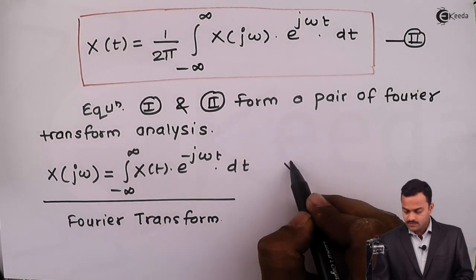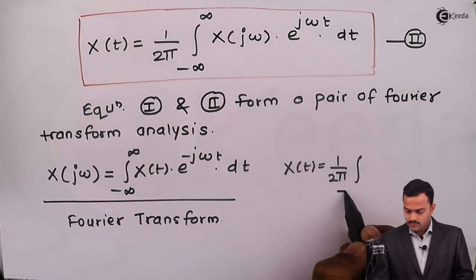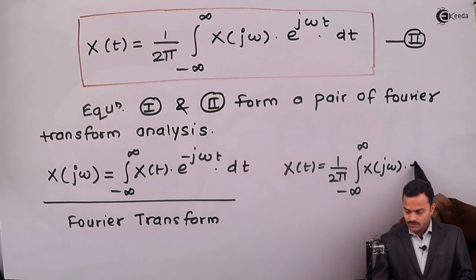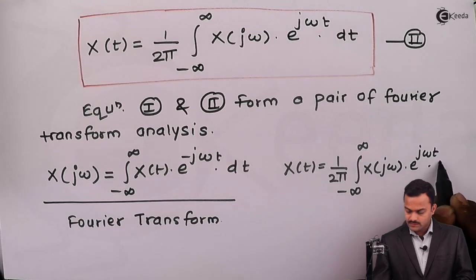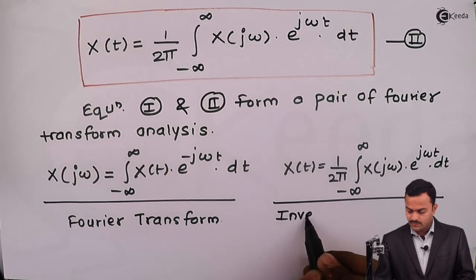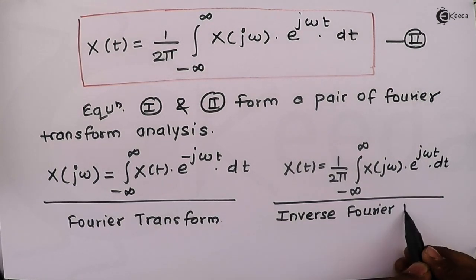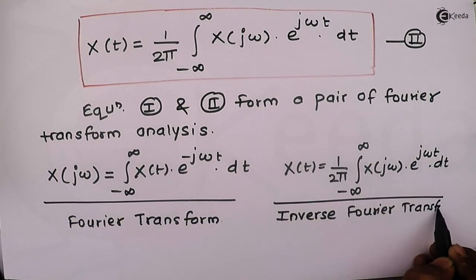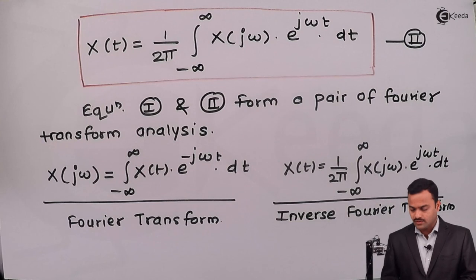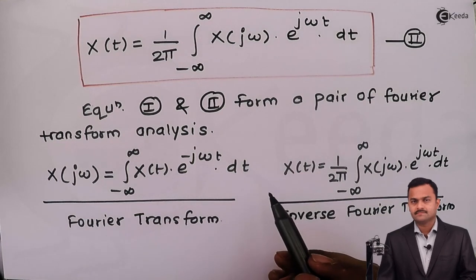And the second representation, x of t equal to 1 upon 2 pi integral from minus infinity to infinity of X of j omega into e raised to j omega t d omega, is considered the inverse Fourier transform. So what we have done is derive the expressions of the Fourier transform and inverse Fourier transform of any signal x of t. Thank you.